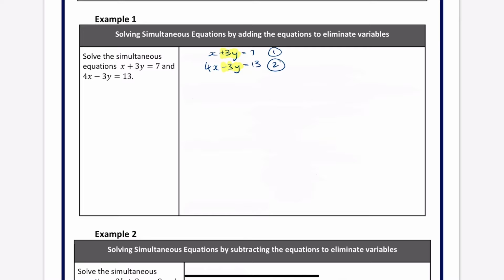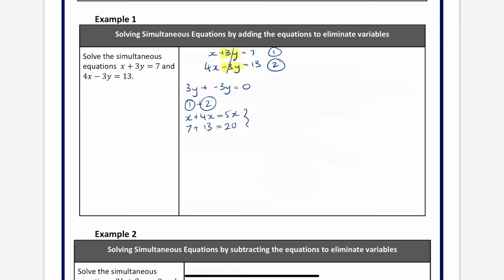So if we were to plus these variables, those two would cancel out. So 3y plus minus 3y equals 0. What we're going to do is 1 plus 2 going downwards. So we're going to do x plus 4x, which is 5x, and we're going to do 7 plus 13, which equals 20.